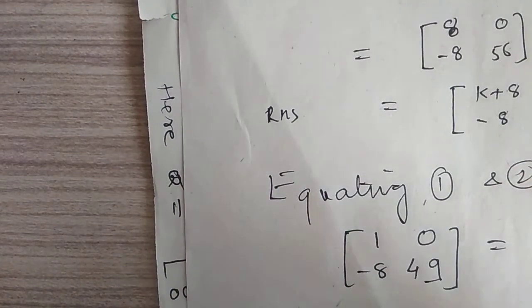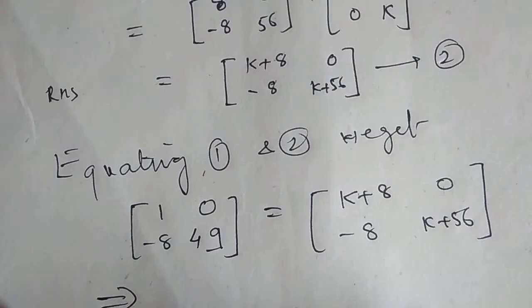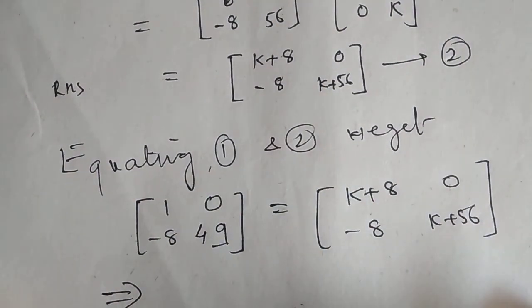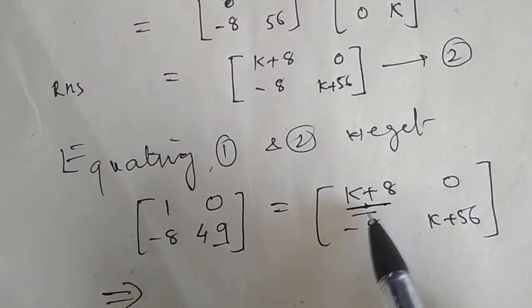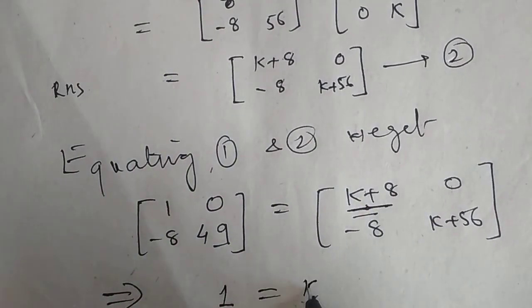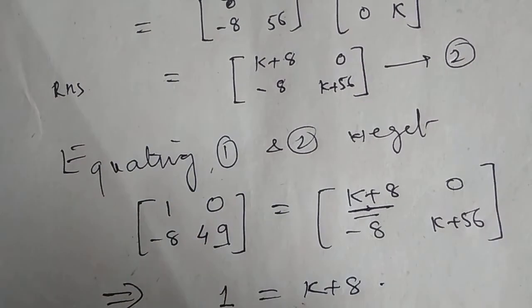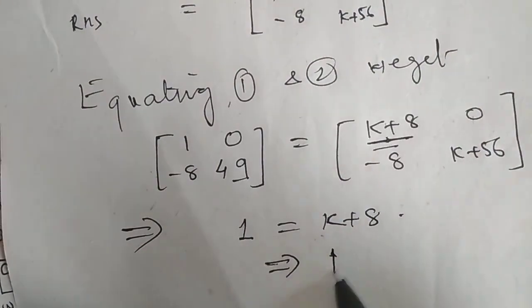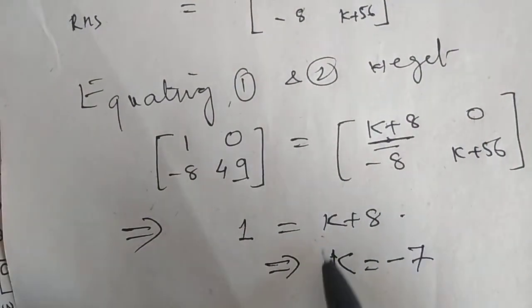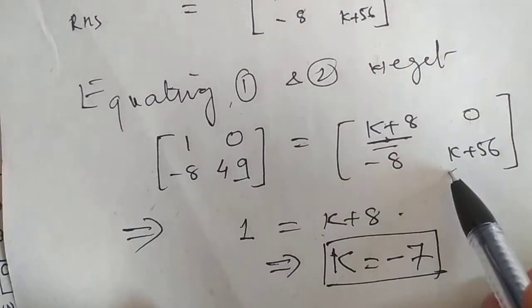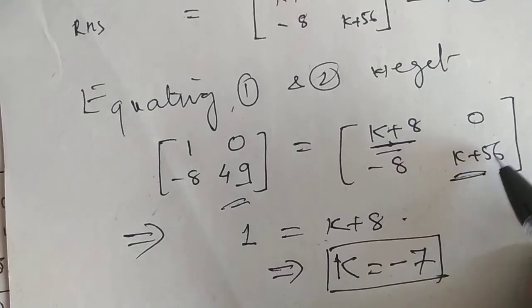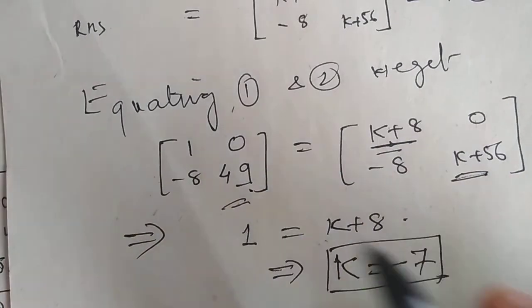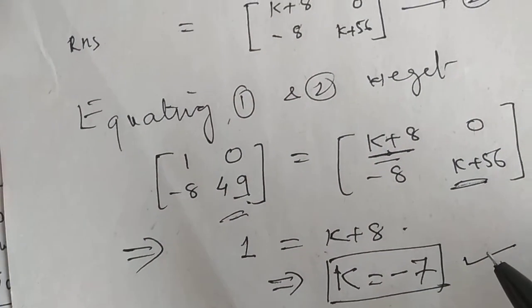Using equality of matrices, we can equate any of the entries. Suppose we equate this: 1 should be equal to k plus 8. This implies k is equal to -7. Even if you equate this entry, k should be equal to -7, because 56 minus 7 will be 49.